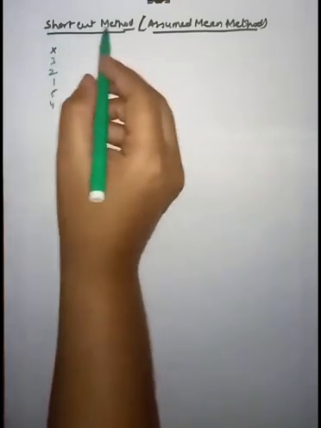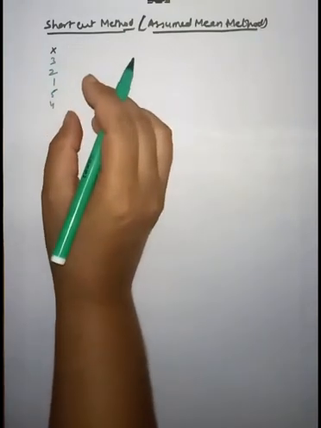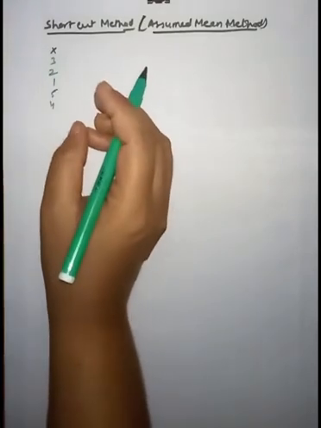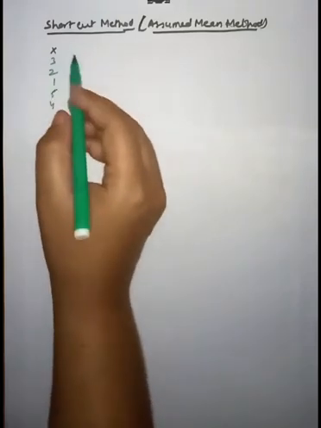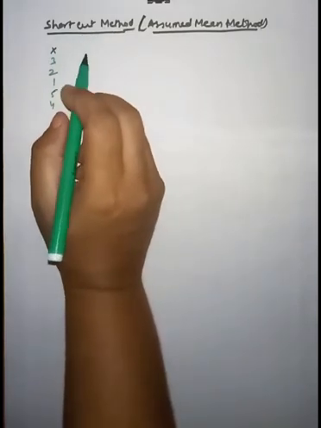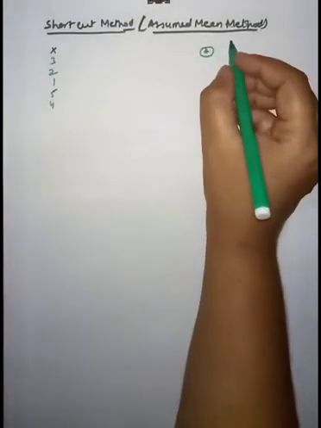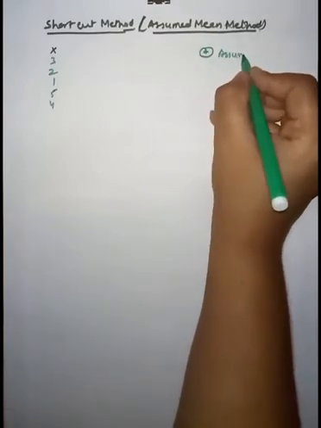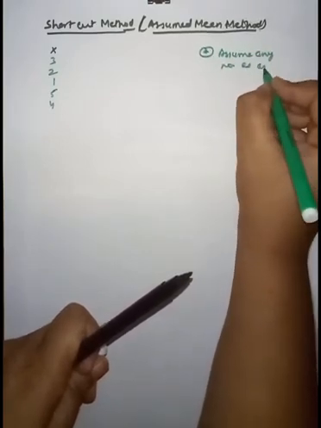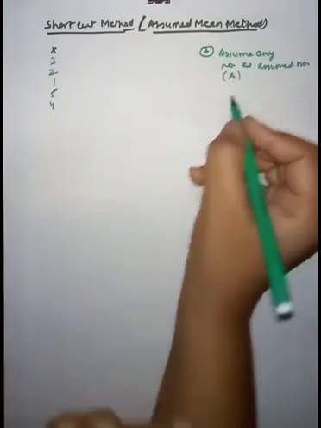So friends, I'm using the shortcut method with some steps. The first step for the shortcut method is to assume any number as the assumed number, and it is denoted by a.